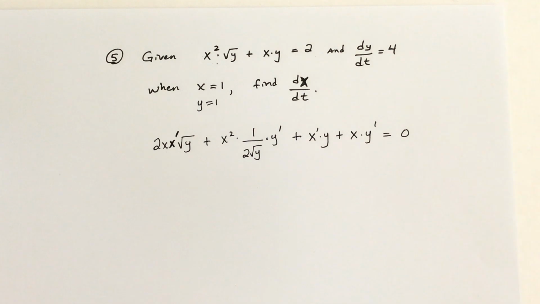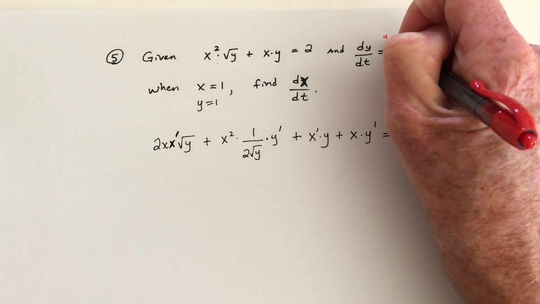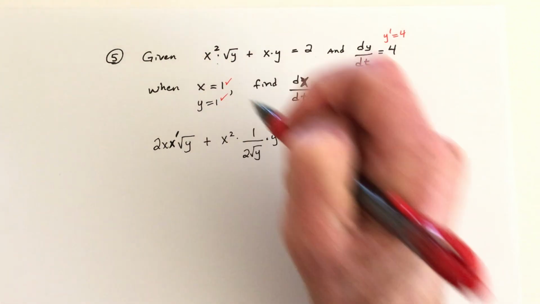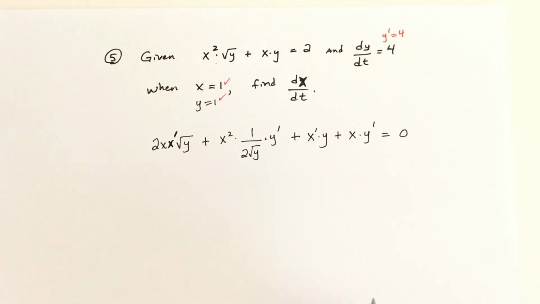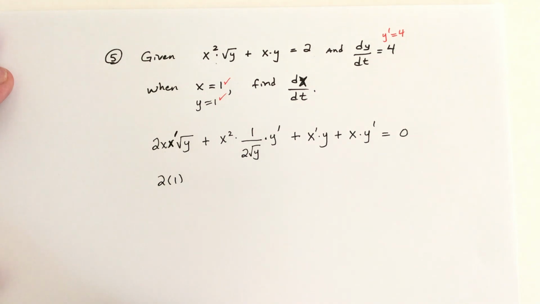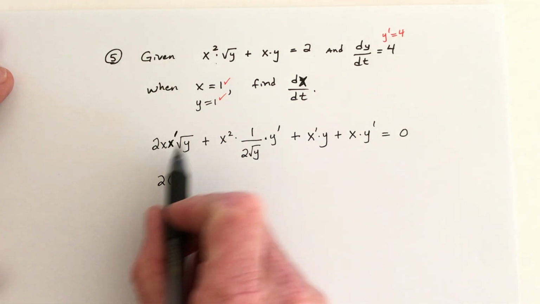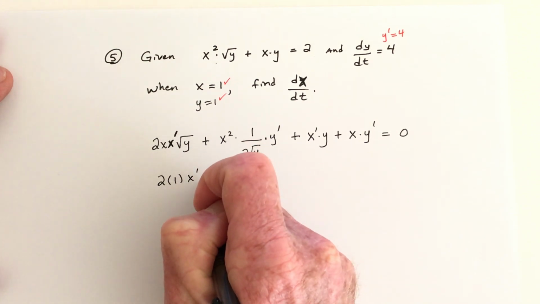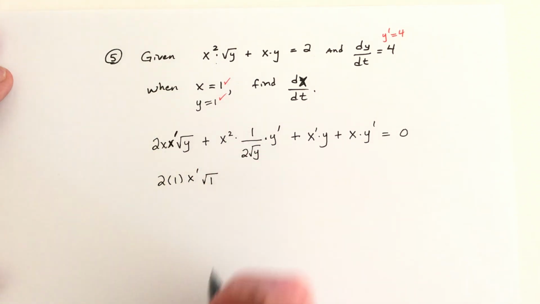So now we have a bunch of numbers to plug in, like y prime equals 4. Also, x equals 1 and y equals 1. So I'm going to go ahead and plug in all of those numbers first and then simplify. So this is going to be 2 times x, and x is a 1. This is what we're looking for, so that's going to stay there, x prime. And then the square root of y means the square root of 1.